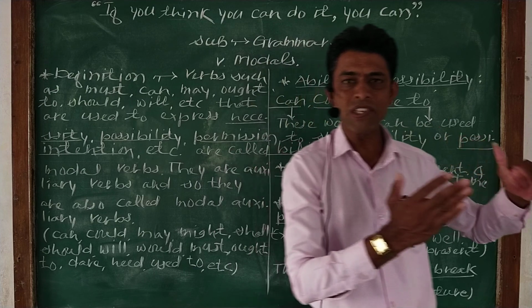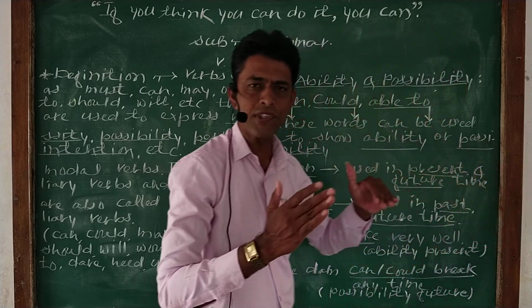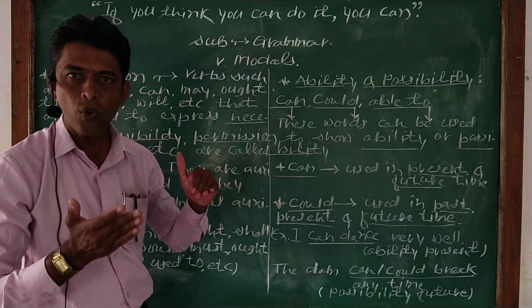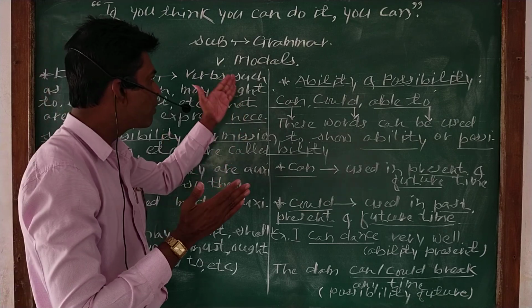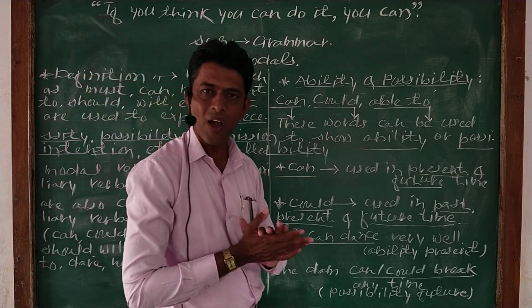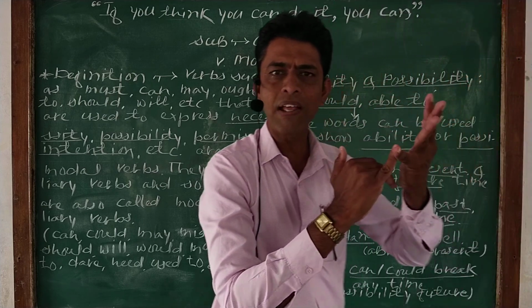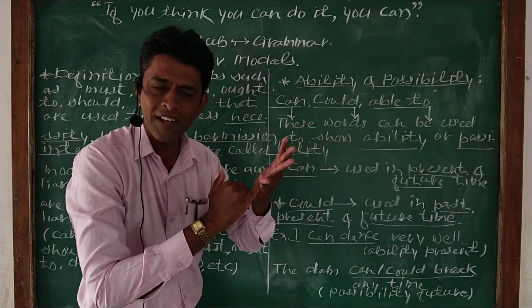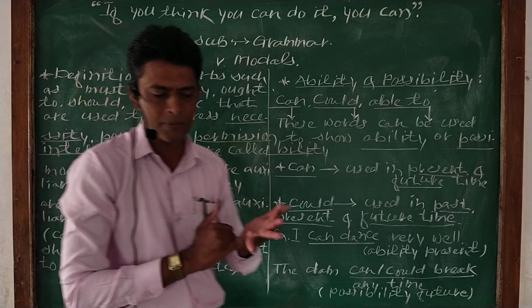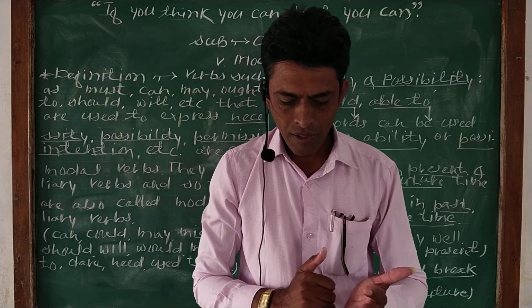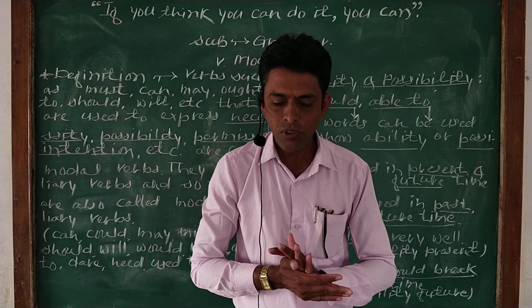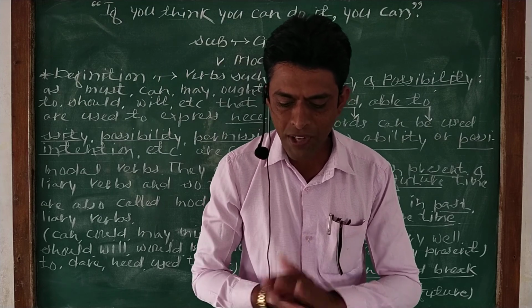I must tell you all that all these modal verbs which we are discussing now can be used in all three different tenses, means past, present, and future. There is no limitation of tenses. We use be able to in the present, past, and future time.